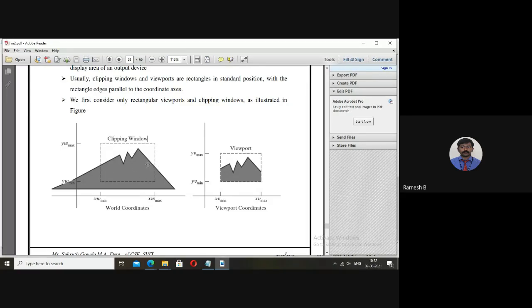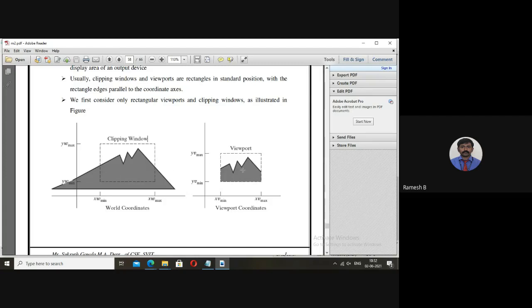When we consider an object with respect to its environment, it is known as world coordinates. For this entire picture we associate coordinates, known as xw min and xw max. Similarly, this clipping window is given in world coordinates.